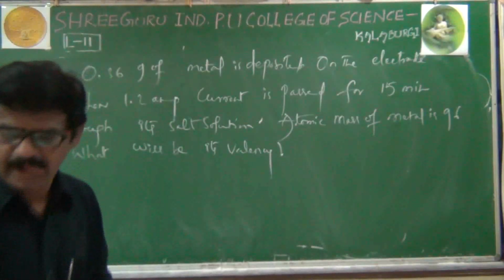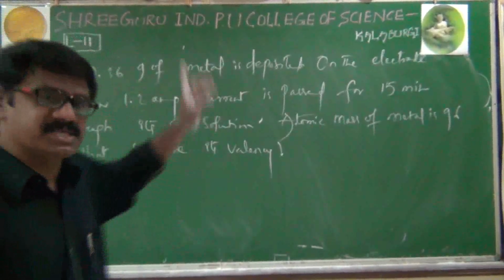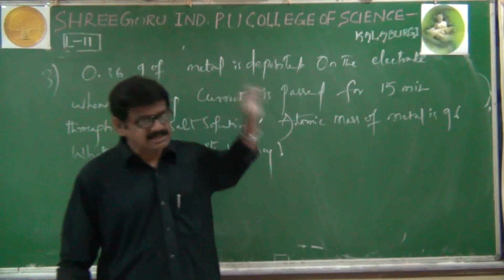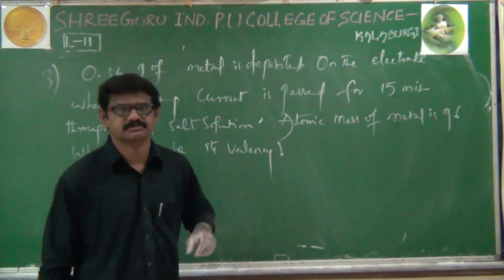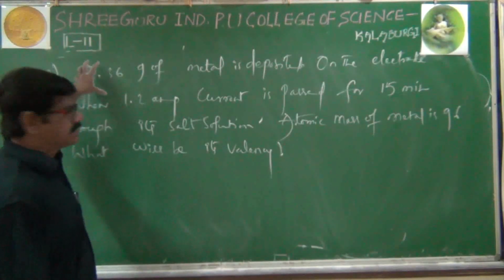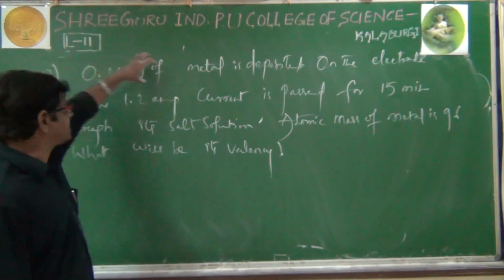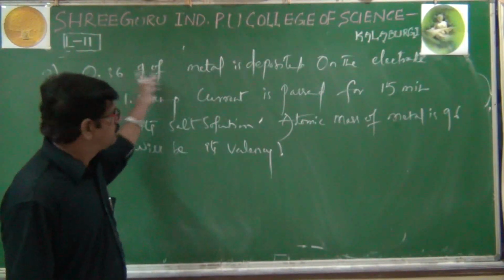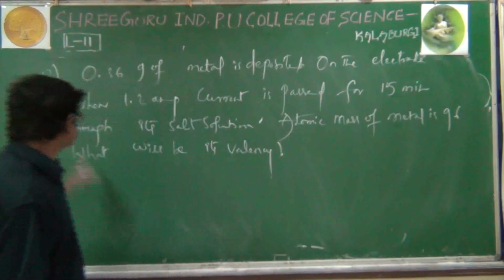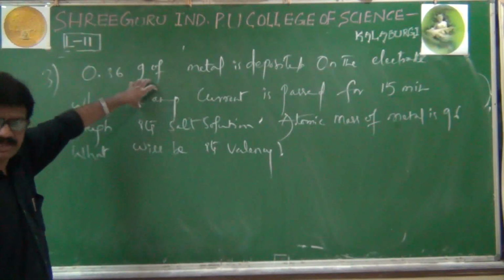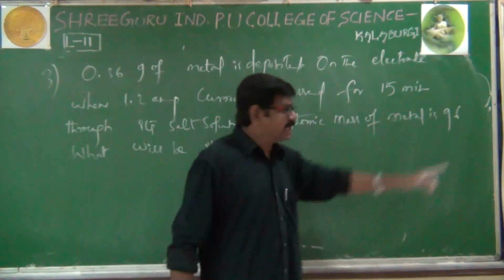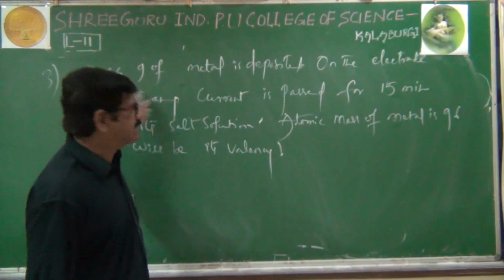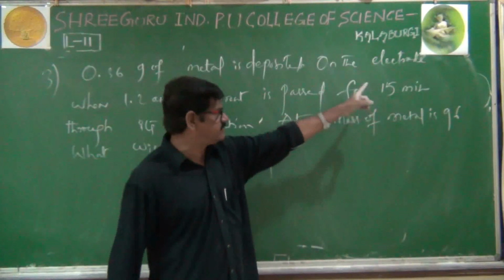This is the question. In the first question mass was asked, in the second question time was asked, and in the third question valency is asked. First we'll understand the question. 0.36 grams of metal, nothing but W, is deposited on the electrode when 1.2 amperes current, the I value given, is passed for 15 minutes. If I is given in amperes, time should be in seconds, so we take 15 into 60.